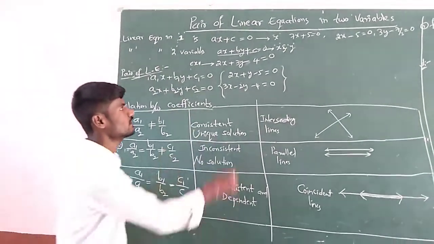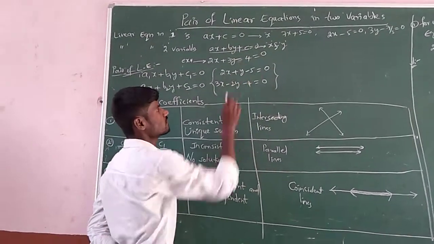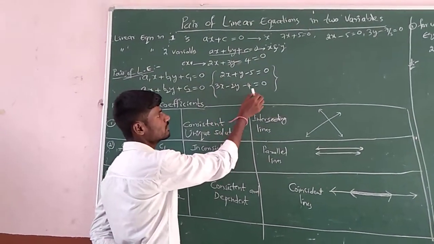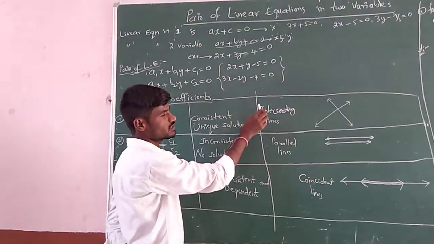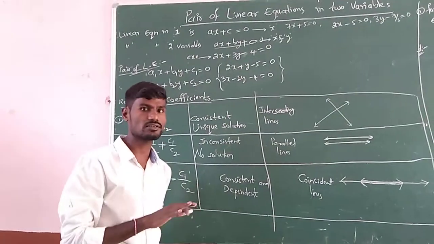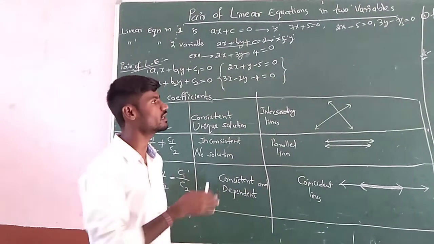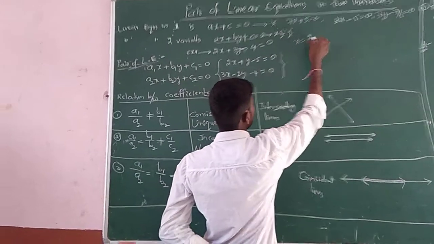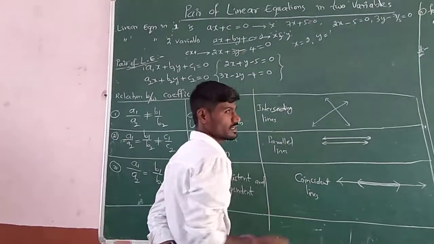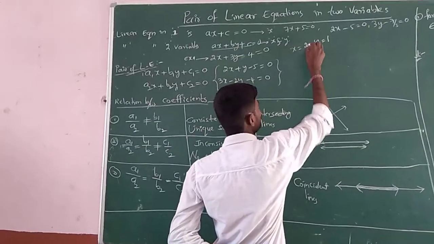Example, let us see here. 2x plus y minus 5 equals 0. 3x minus 2y minus 4 equals 0. Two equations I am taking. These two are linear equations, and whether they are a pair of simultaneous linear equations or not, let us see. Suppose x equals 2 and y equals 1.